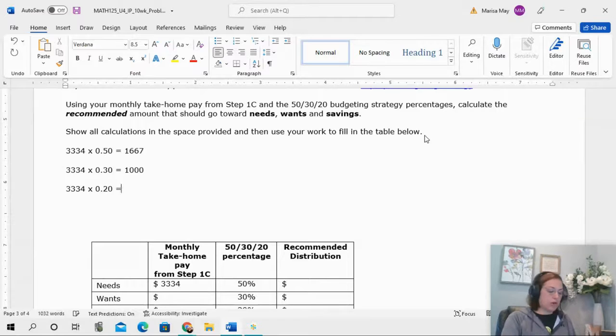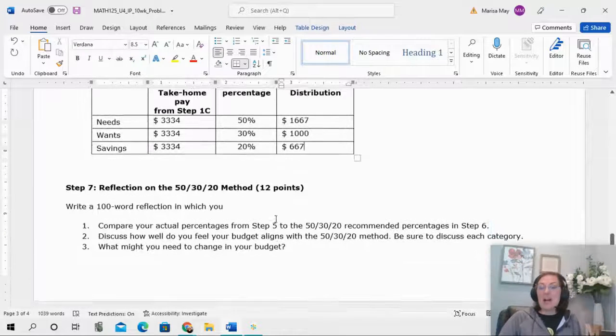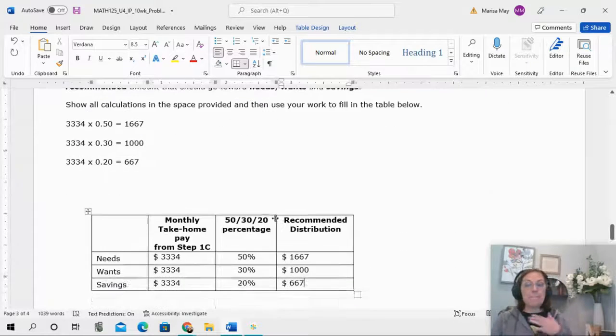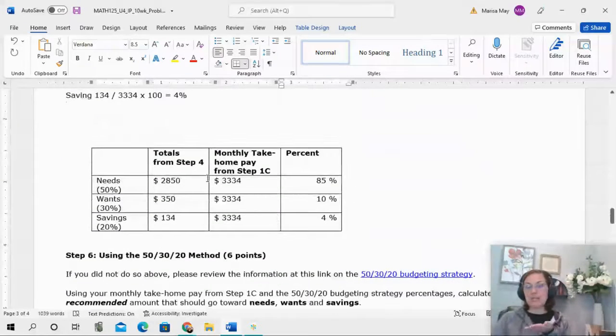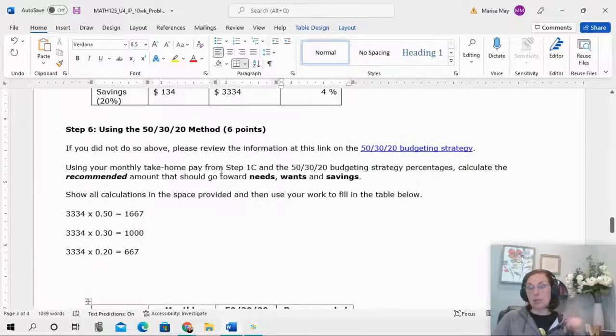And then if I do my 20%, then I get $667. Okay. So we'll put that in the chart. Put all of these in there. $1,667, $1,000, $667. Okay, so here's the deal. My amounts here in step 5 were not the same as step 6, like what they should be.